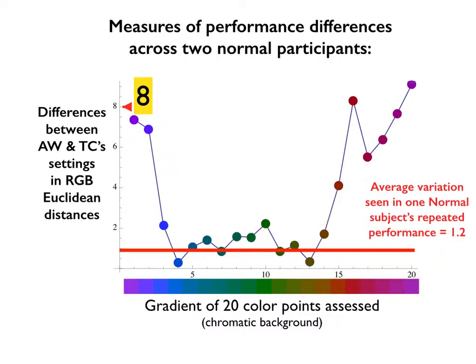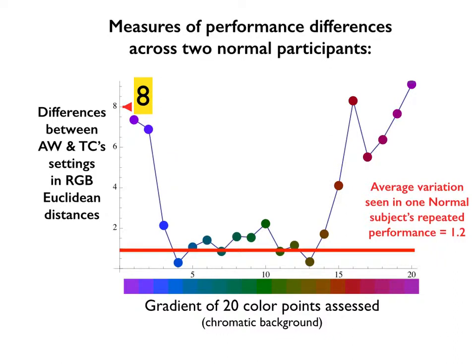What is important to note is that there are significant differences among these 2 normal participants that tell us that there are regions of the color space where the subjects are not setting the same isoluminant points in the task. In the case of this graph here, the maximum obtained between these 2 normal subjects in terms of a difference is 8 Euclidean distance RGB units, as shown in the upper left-hand corner of this graph.